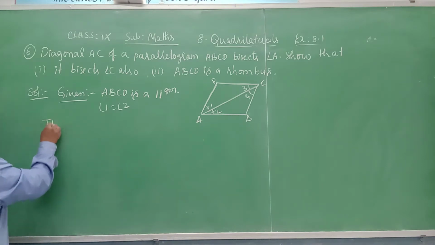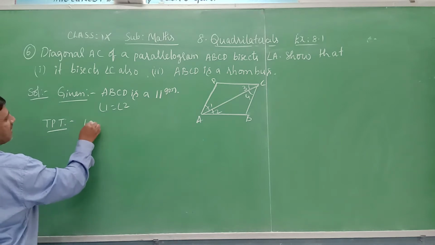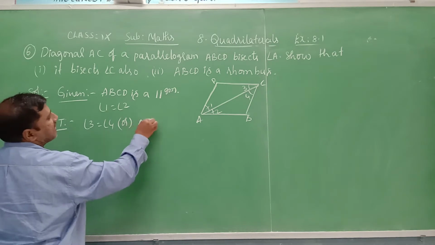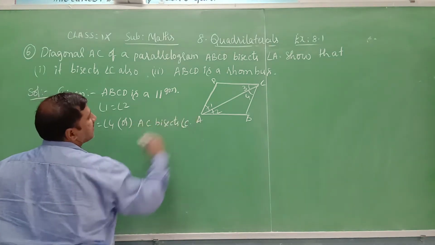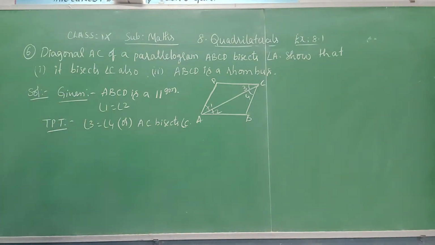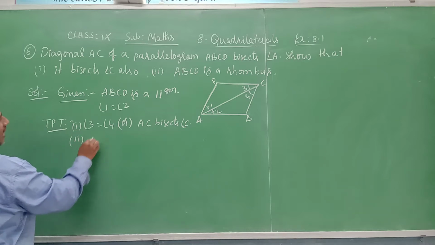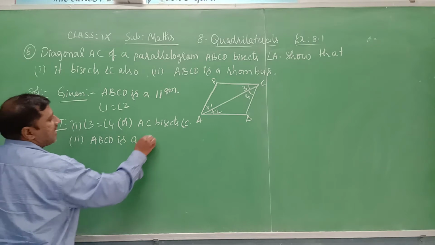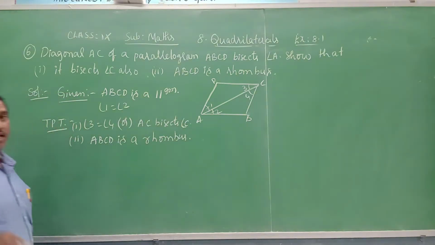What we have to prove: angle 3 is equal to angle 4, or AC bisects angle C. That is one we need to prove. The second one is ABCD is a rhombus. That we need to prove.